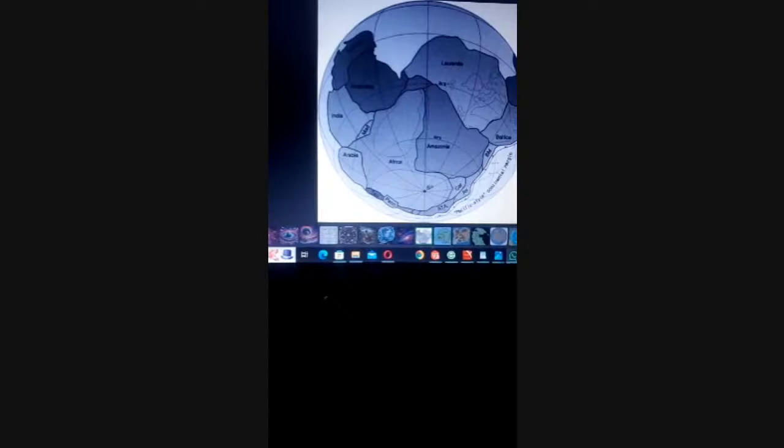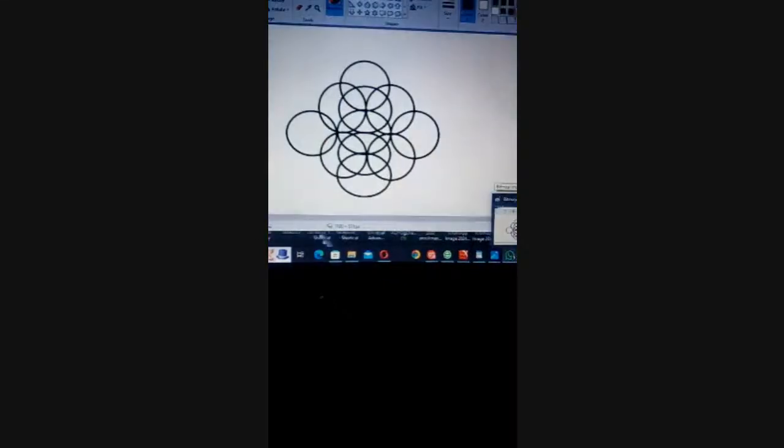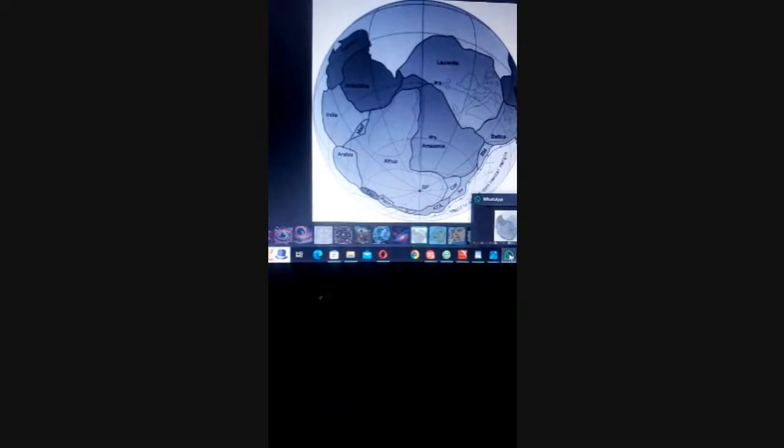Supercontinent. That's what they call the supercontinent. And you look at this. It all started this way, before they began their journey to their destination. Look at it. They all were together. They began their journey. Do you see the connection between these two things?